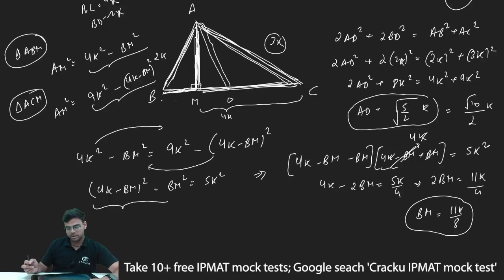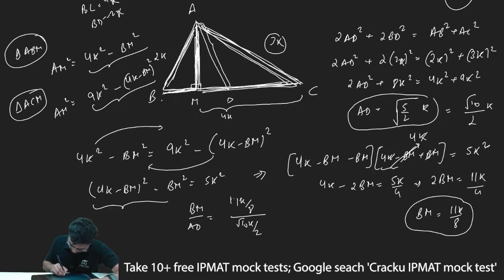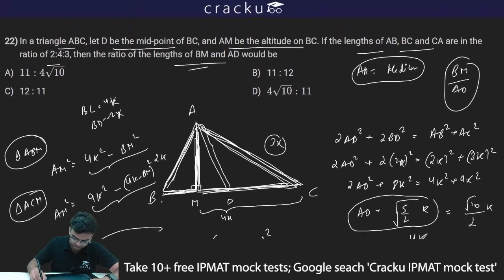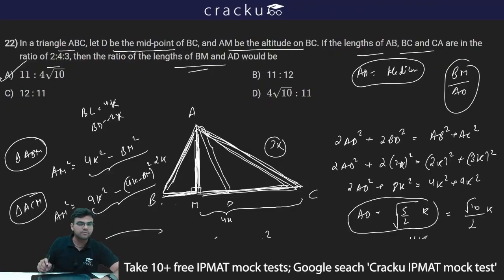Thus BM upon AD will be equal to 11k upon 8 divided by root 10 k upon 2. This goes 4 times, and k and k get cancelled, so this becomes 11 upon 4 root 10. Thus I can say BM is to AD will be 11 is to 4 root 10, and therefore option A, which is 11 is to 4 root 10, is the correct answer.